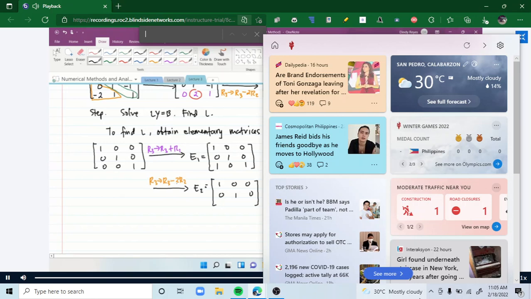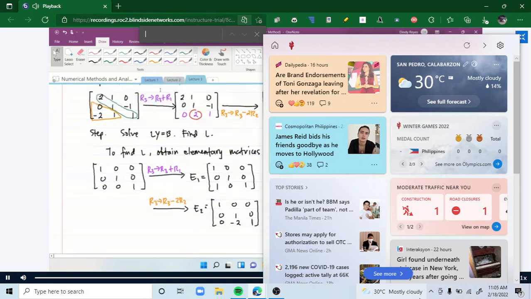This is still 0. R3 minus 2R2, 0 pa din. So R3 minus 2R2, we get negative 2. And then R3 minus 0, we get 0. So we get 1. R3 minus 0. Okay, so only one entry changed.